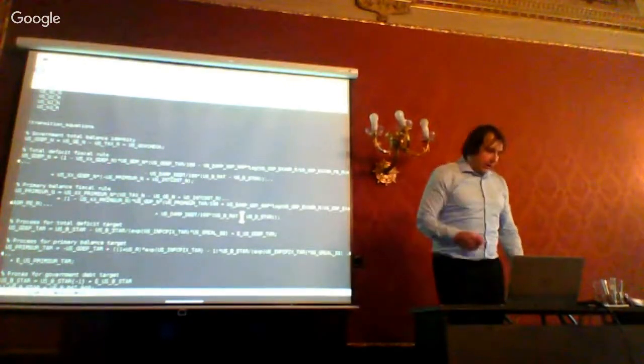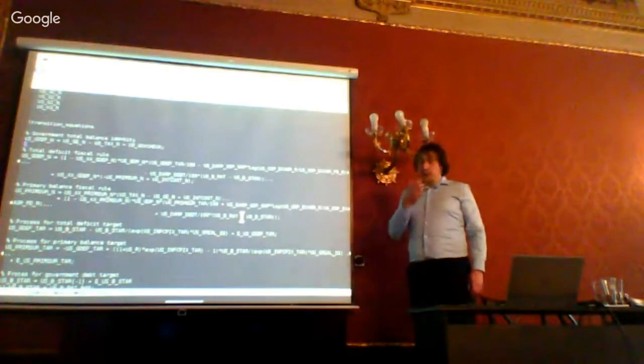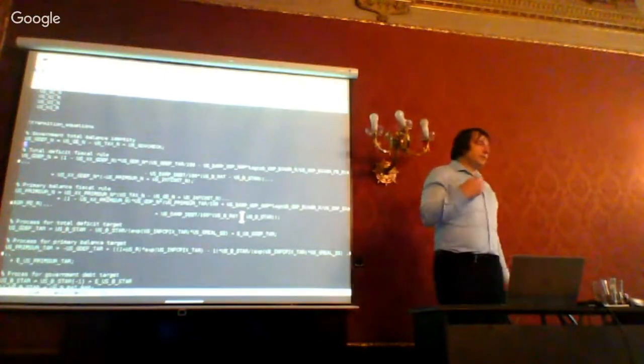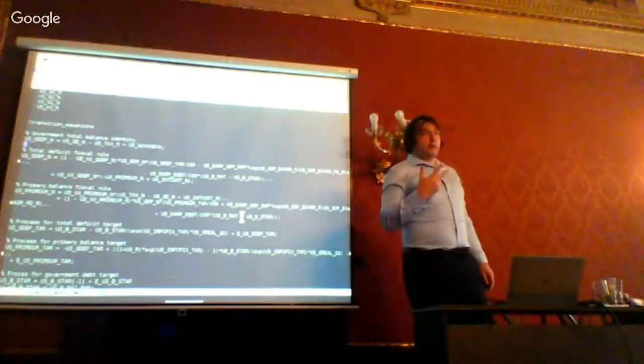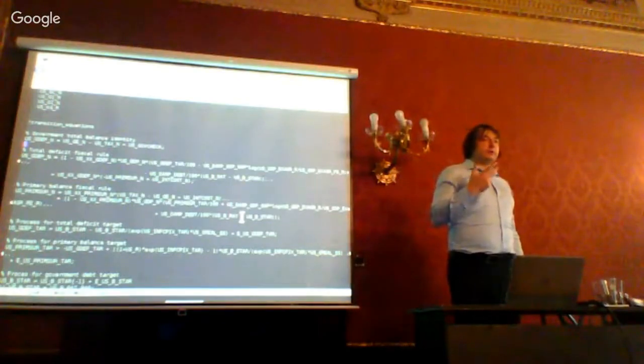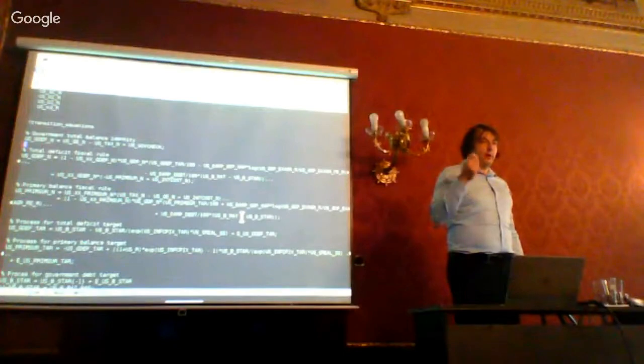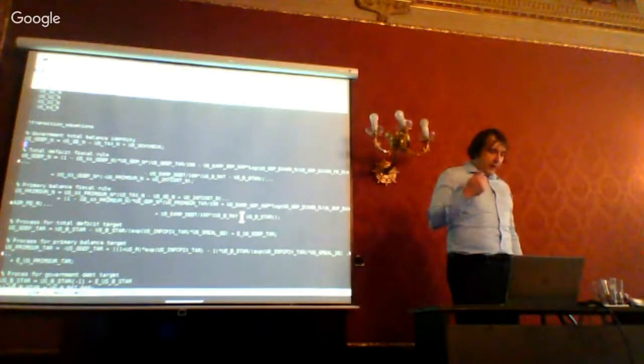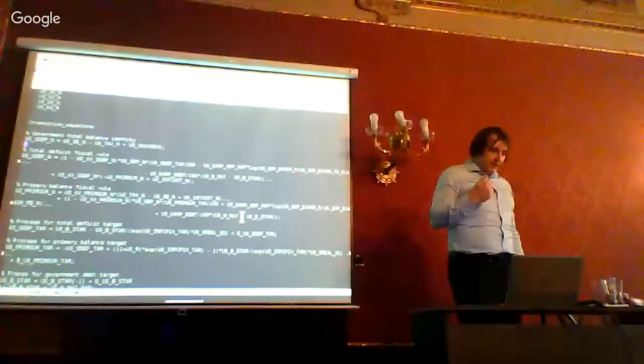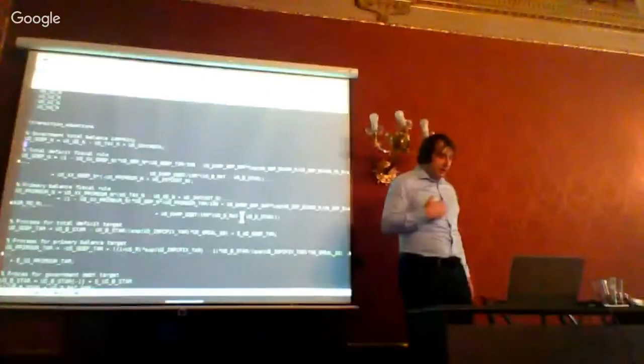Government has now one complication: there are two fiscal rules, and we can choose one of these two. One is expressed in terms of total deficit.